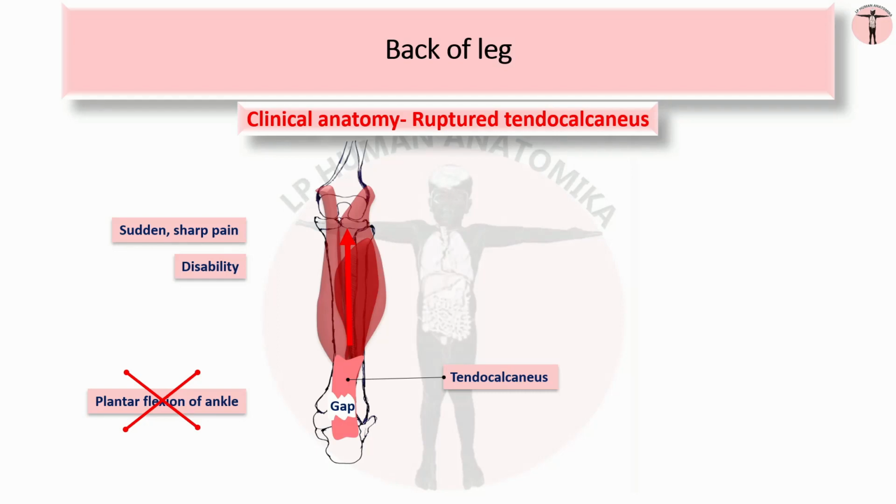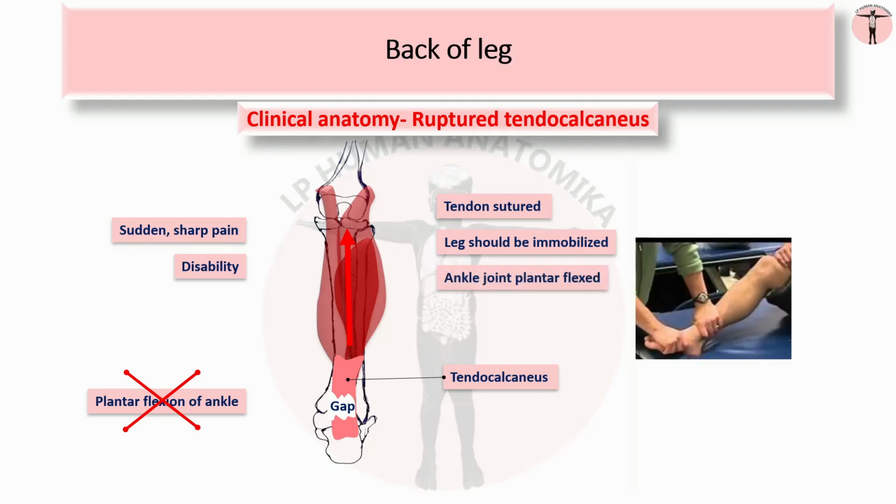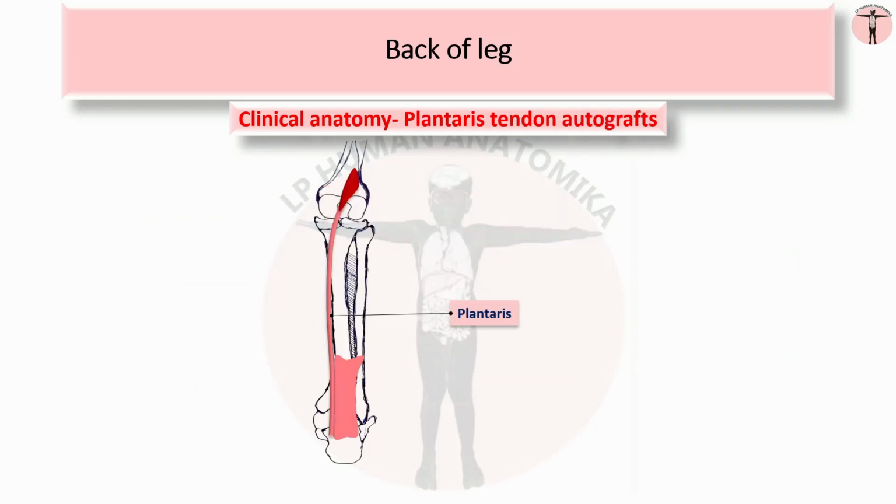The treatment is that the tendon should be sutured as soon as possible. The leg should be immobilized with the ankle joint plantar flexed and the knee joint flexed. The fascia lata can be used to suture the tendon.